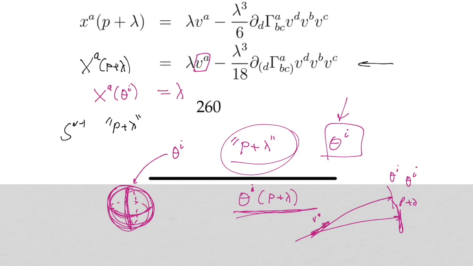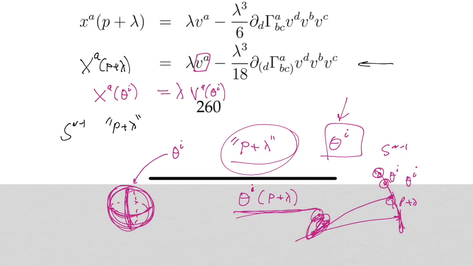And each of these vectors, no matter what they are, these are unit vectors, right? They always define one point on this sphere S^(n-1). So the vector itself is a function of what point it's targeting. And that's why we can write V^A(θ^i), right? The vector is defined by the point it's targeting. There's a temptation to think of it the other way around.